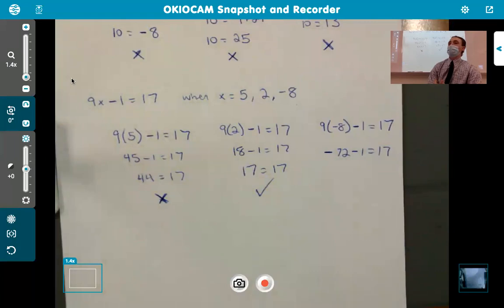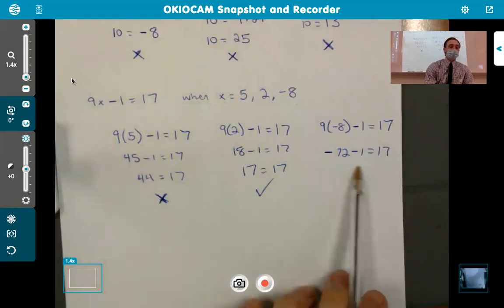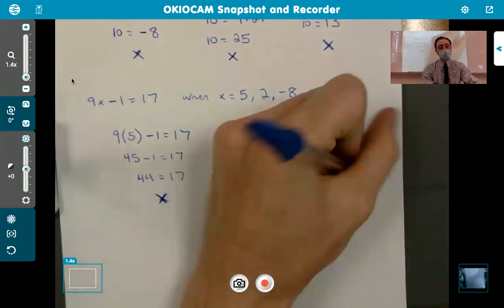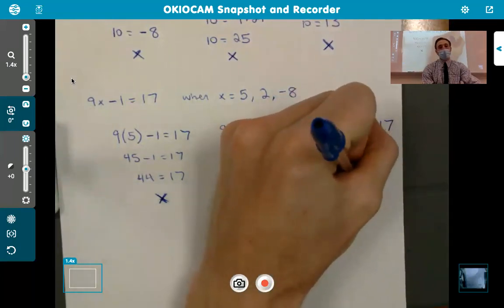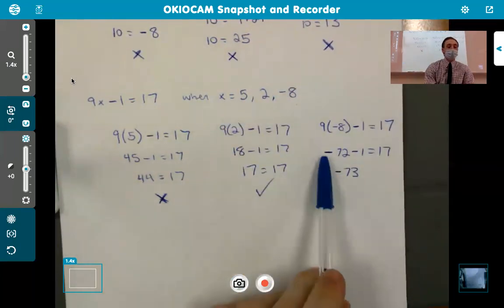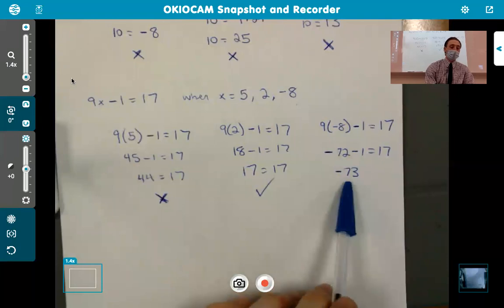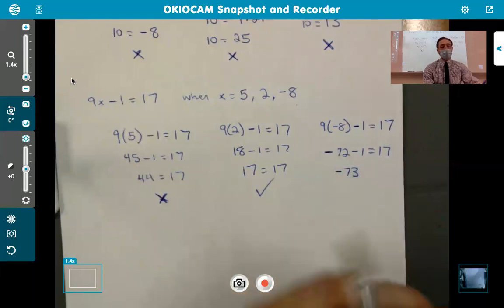Think back to what Ms. Smith said yesterday, right? With our integer rules. Negative 72 minus 1, what's that? Negative 73, right? When they're the same sign, you add them together, and you keep the sign in front, so it's negative 73.